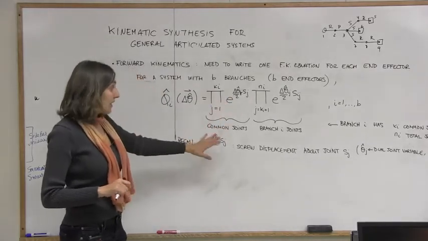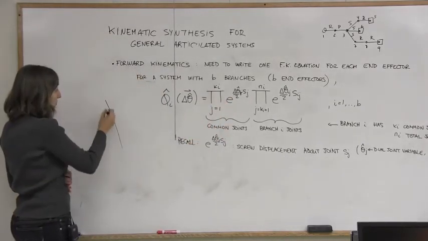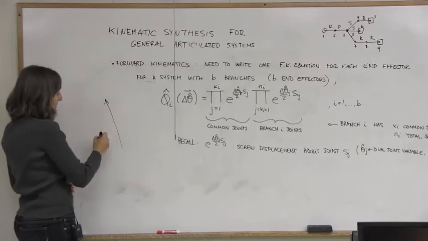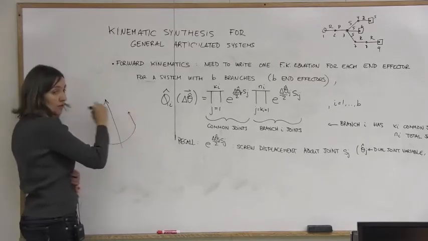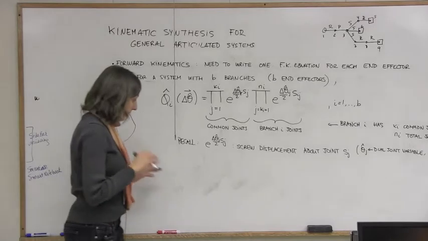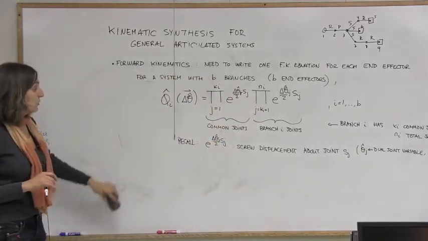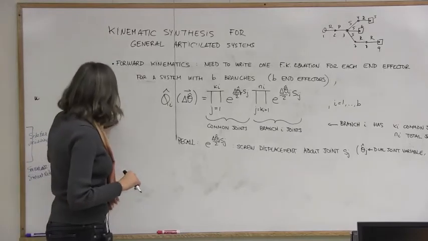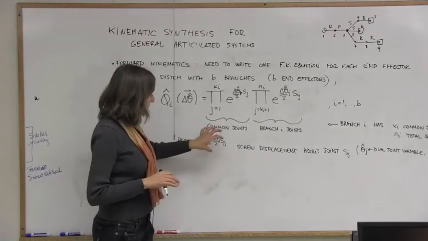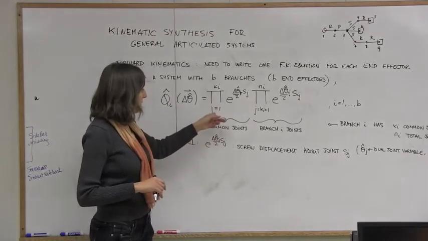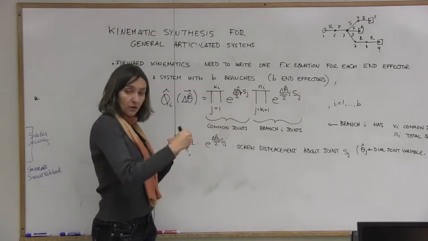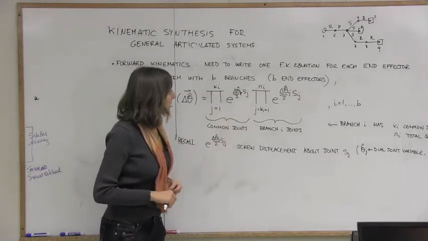The screw displacement is the rotation about a joint and then the translation about that same joint, and this is one of the possible ways of expressing that screw displacement. So just think of it as notation: the product of screw displacements along the joints.